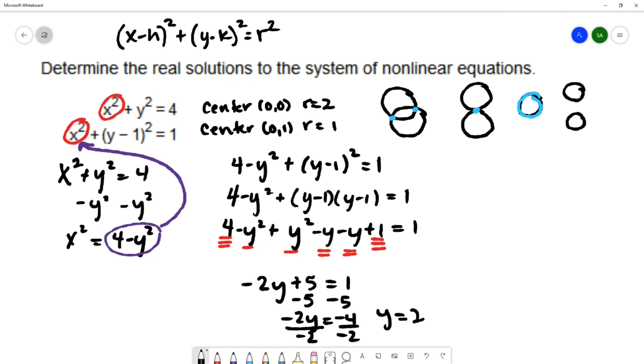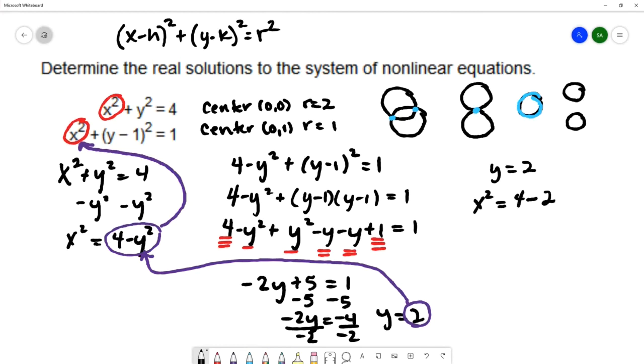So I'll substitute this y equals 2 in for y. If y equals 2, then x squared equals 4 minus 2 squared, that's 4 minus 4, which is 0. X squared equals 0, so that means x equals 0. I have the ordered pair (0, 2) as the solution to this system.